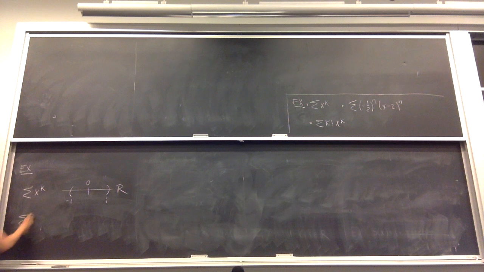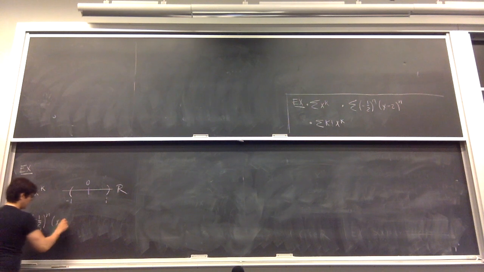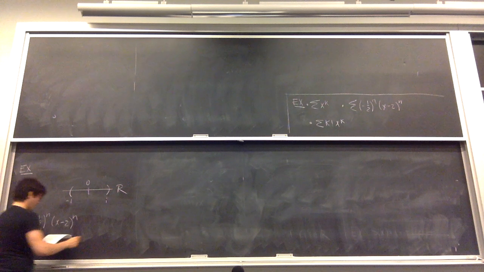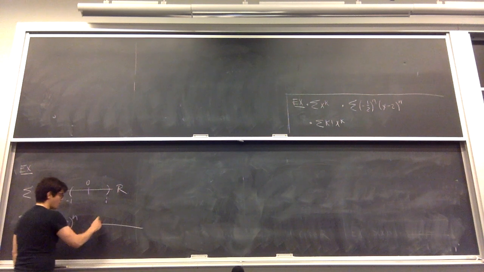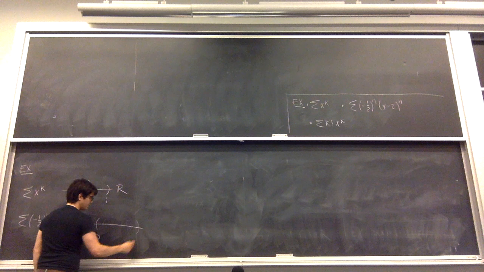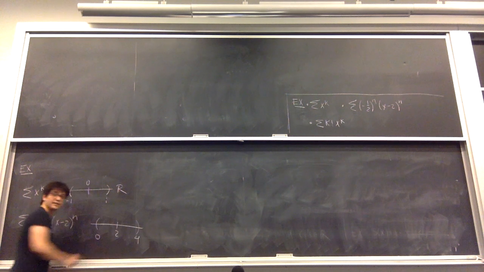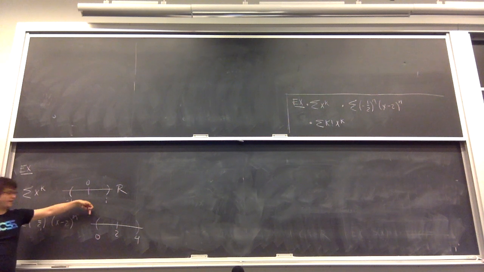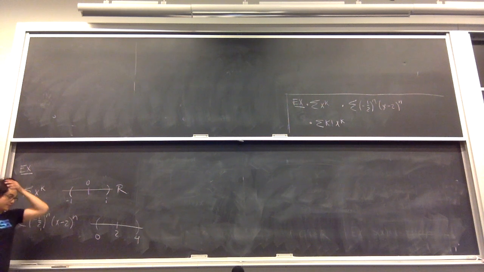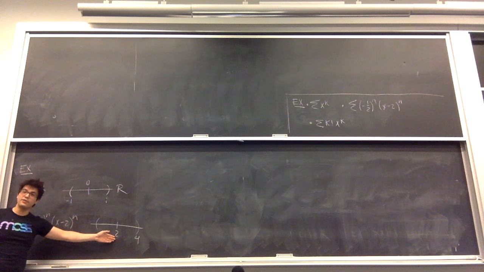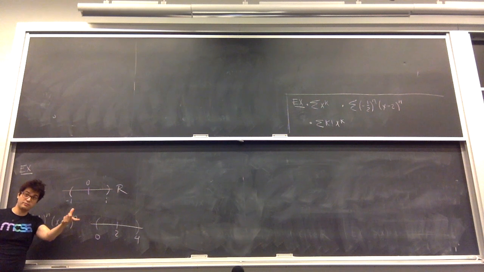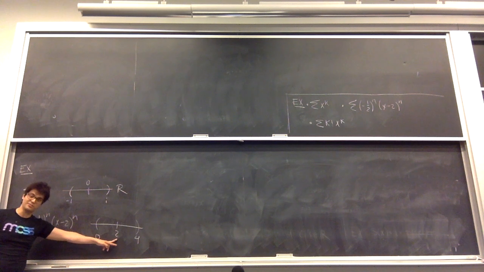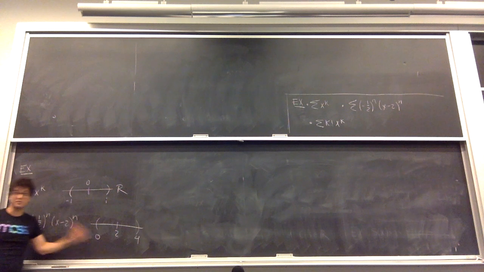The other one that we did had a picture like this, right? Remember, we went from something like 0 to 4. It was centered at 2. So again, convergence inside, divergence outside, I don't know at the endpoints. So this has a center 2 and a radius of convergence 2. Not because it's centered at 2, but because that's the distance from 2 to 4 and from 2 to 0.